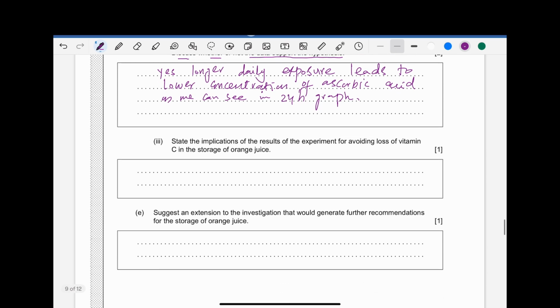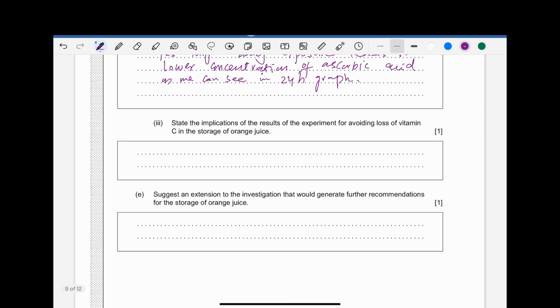Okay, 2. State the implication of the result of the experiment for avoiding loss of vitamin C in storage of orange juice. So that suggests we need to keep the orange juice sealed.